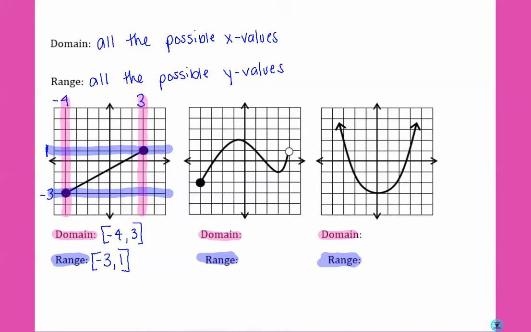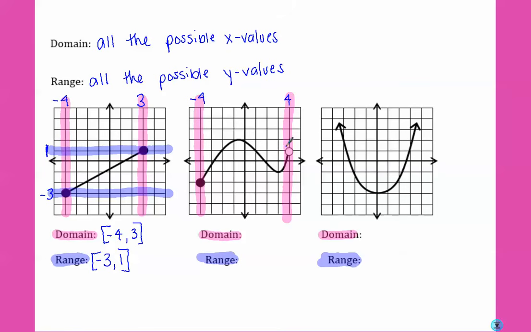So we're going to use the same idea in the second example. Domain, we're marking it where it stops on the left and where it stops on the right. And that's negative 1, 2, 3, 4, and positive 1, 2, 3, 4. Now the one thing that's different about this one is that we have an open circle this time.